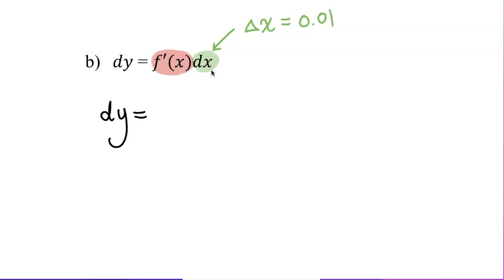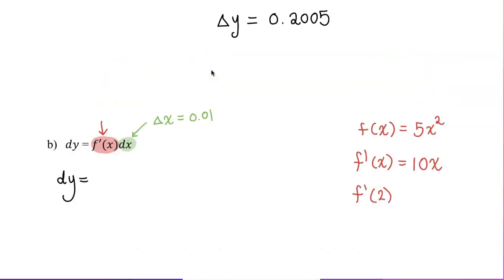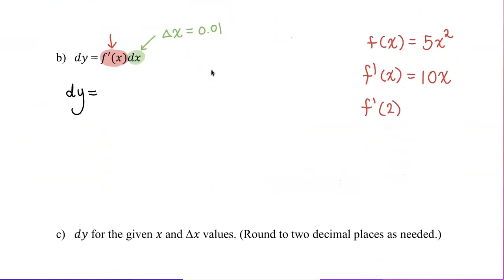I don't have that red part yet, so I'm going to write down that red part over here. Remember, f of x, the original function they gave us, was 5x squared. Then the derivative f prime of x, that's what we need right here, is going to be 10x. When x is equal to 2, the derivative at 2 is going to be equal to 20.